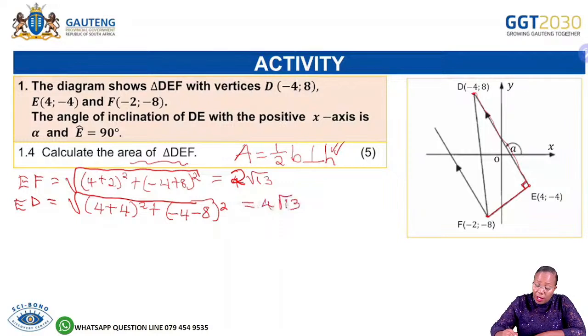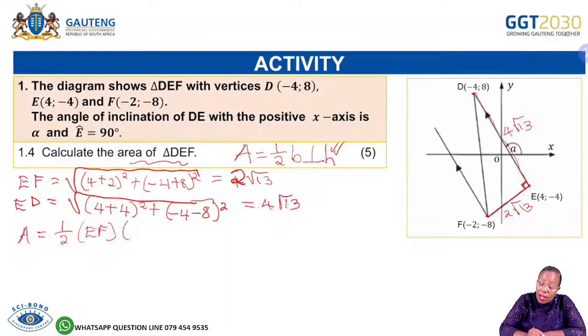Now we have the distance for EF, which is 2 square root 13, and then we have the distance for ED, which is 4 square root 13, and then we can now calculate the area, which is half of the base. What is base? Base is EF multiply perpendicular height is DE, or ED, it's fine.